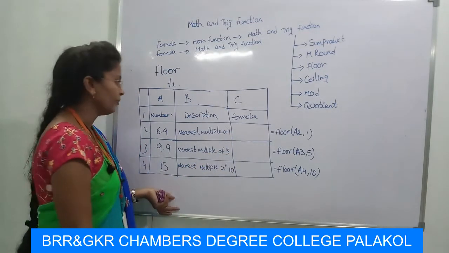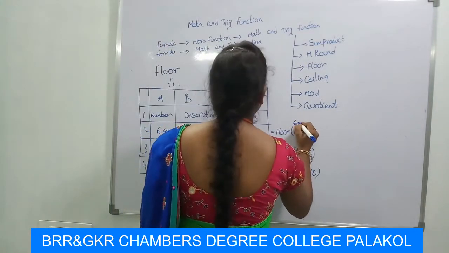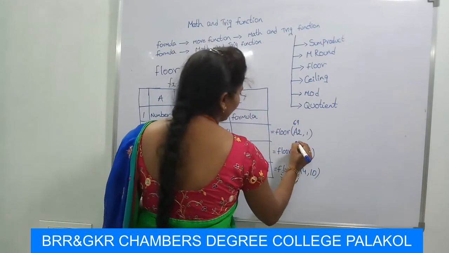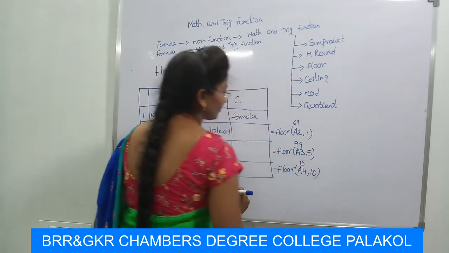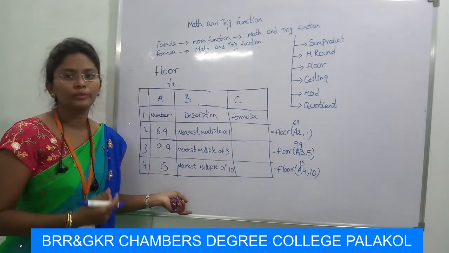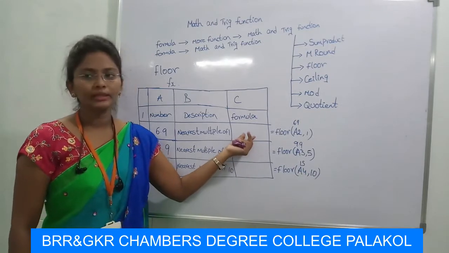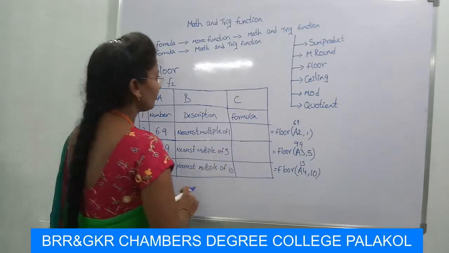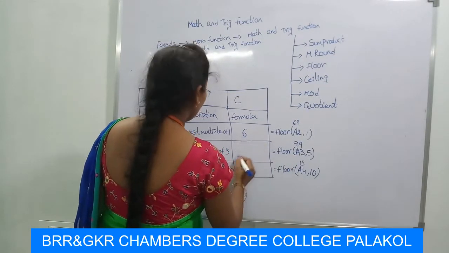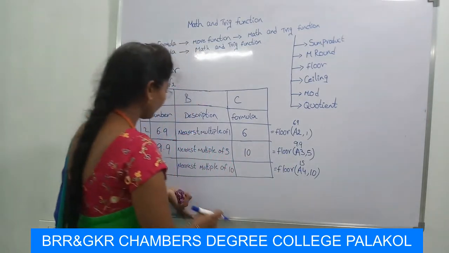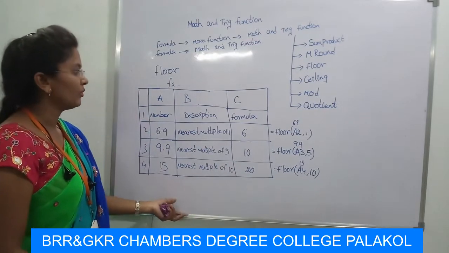The values taken in the Excel sheet are in A2 is 6.9, in A3 is 9.9, and in A4 is 15, and the answers are displayed here in C2. The rounded values are 6, then 10, and then 20. These are the floor values which we entered here.